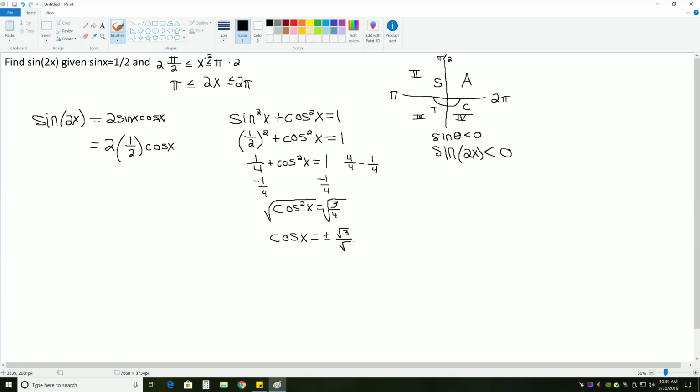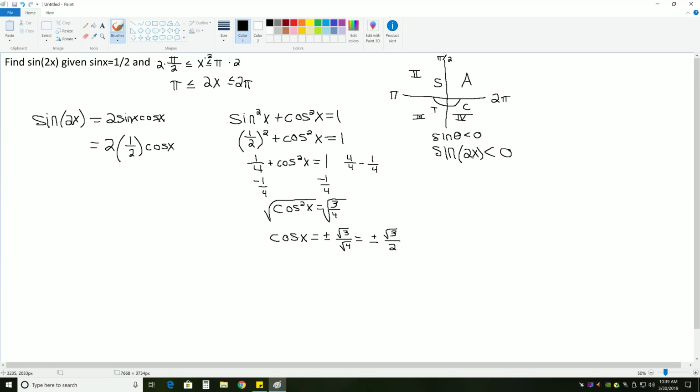Remember, whenever you have a fraction inside of a square root, you can take that square root and put it over the top and bottom separately. And we do that because now the square root of 4 just leaves us with 2 in our denominator. Now we have two answers here, and we need to get one of them to solve this problem.